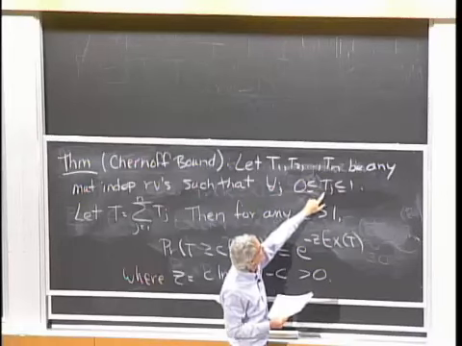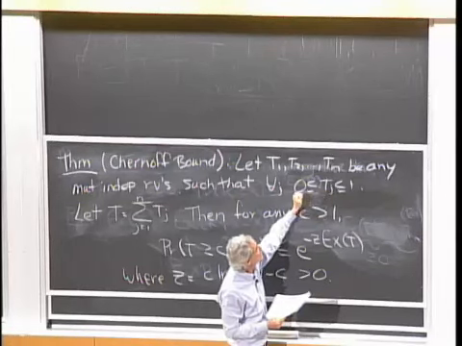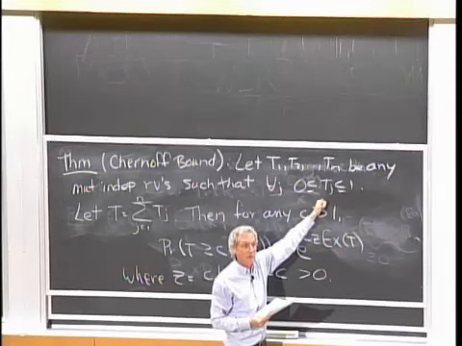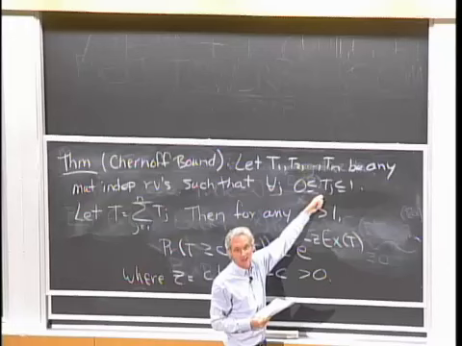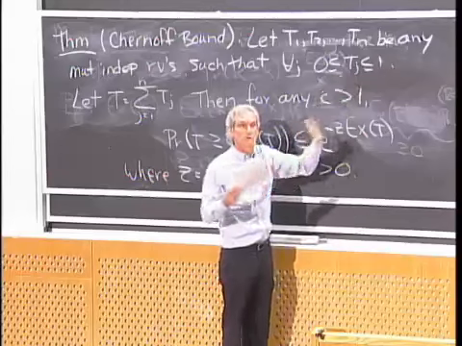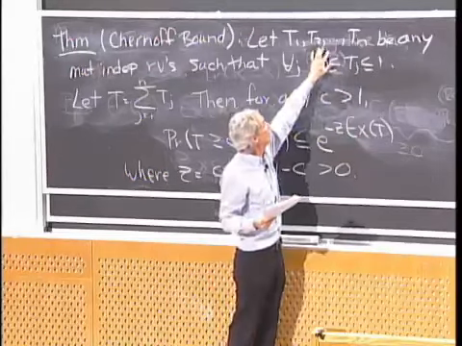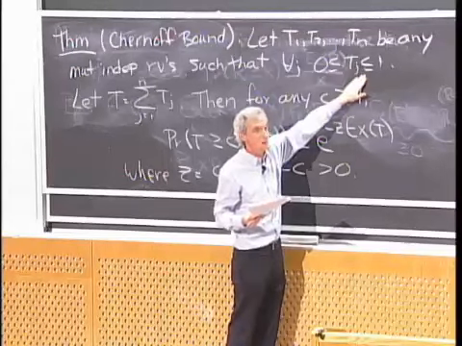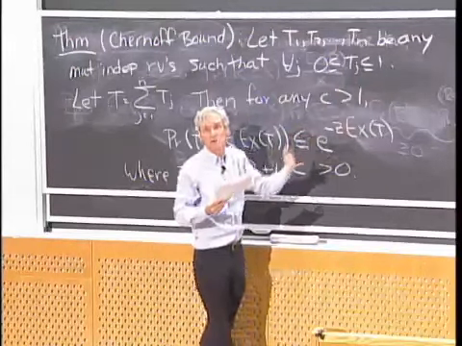In binomial, you have Tj is 0 or 1. Can't be in between. And with binomial, all Tj's have the same distribution. With Chernoff, they can all be different. So Chernoff is much broader than binomial. The individual guys here can have different distributions and attain values anywhere between 0 and 1, as opposed to just one or the other.